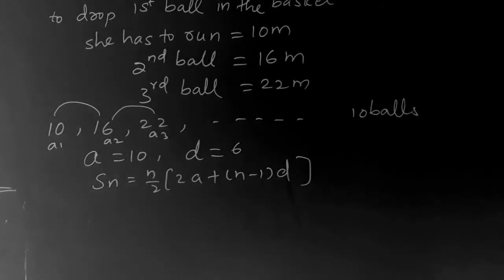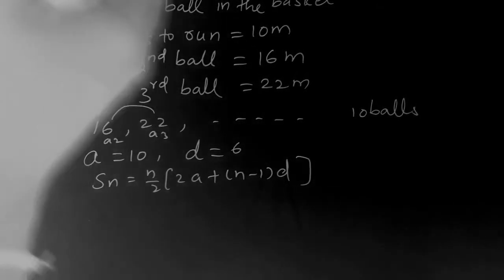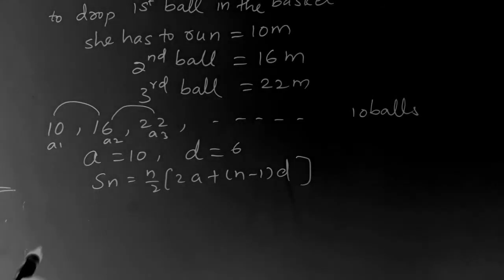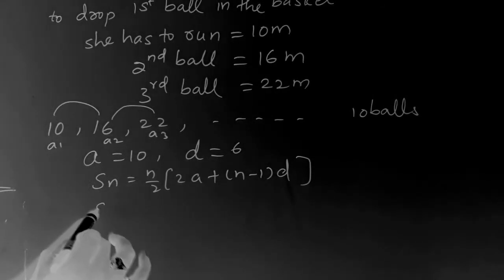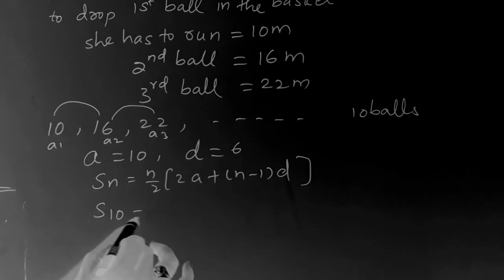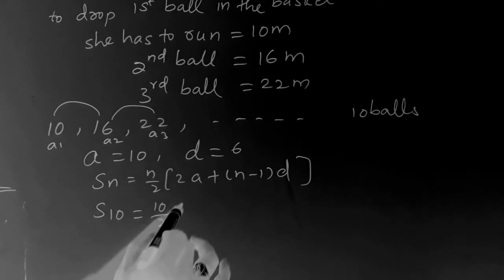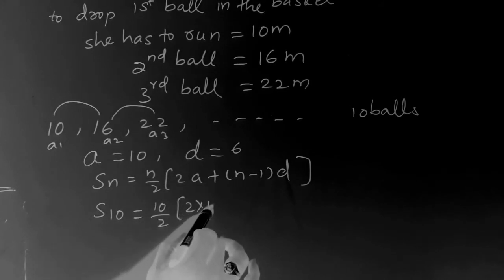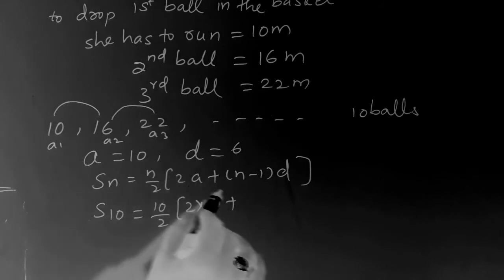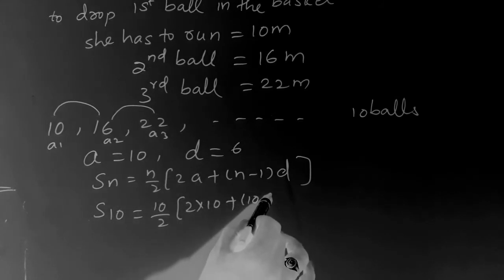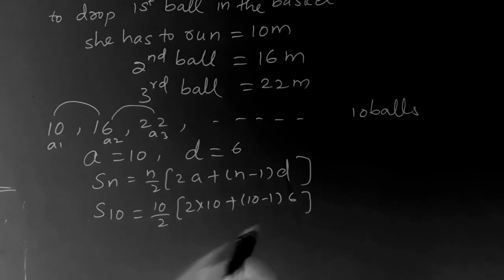How much distance she is running to complete the race, that we have to find. Total distance. So S10 is nothing but 10 by 2, 2a, 2 into 10, n minus 1, that is 10 minus 1. Here the difference is 6.